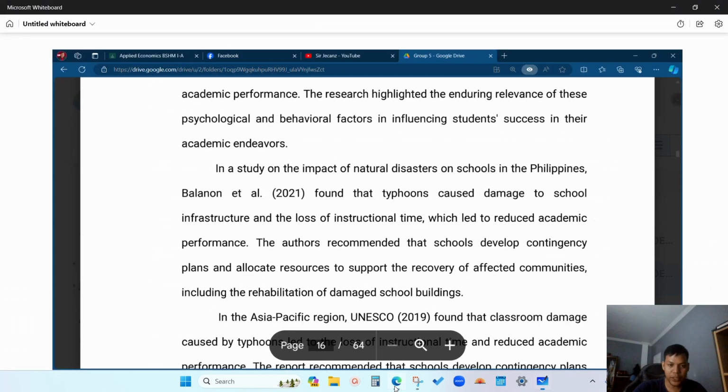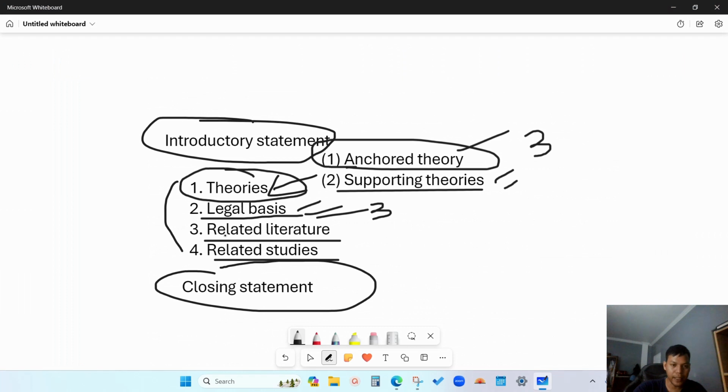But for related literature, it does not require a study. For example, what are the examples of related literature? The examples are in a magazine, in the news, in the newspaper. That is an example of related literature, not a study.